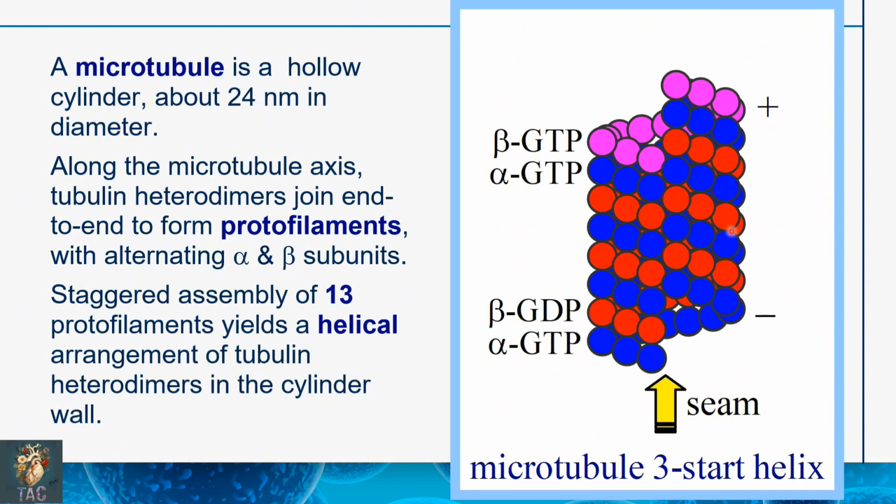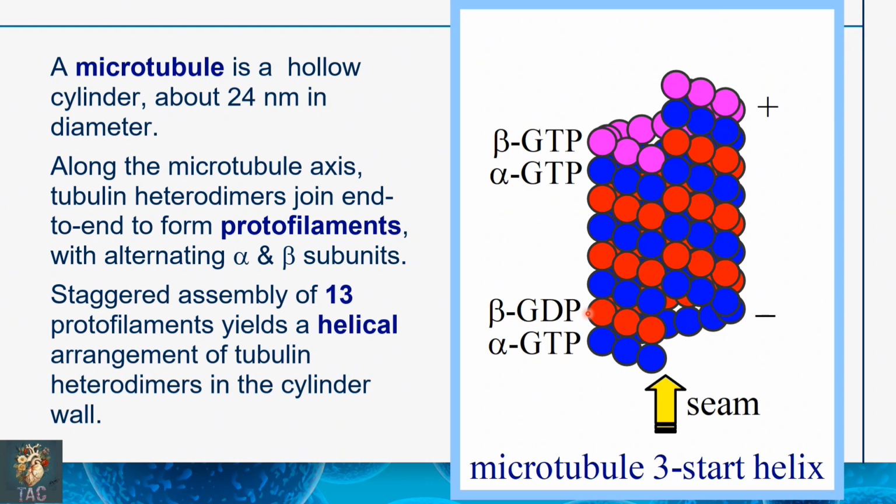Here you can see the microtubule. This one is the positive or fast growing end, and this one is the negative or slow growing end. Here you can see the beta and alpha monomers having GTP, and here the beta has GDP, because the GTP has been hydrolyzed to give energy and has become the diphosphate.